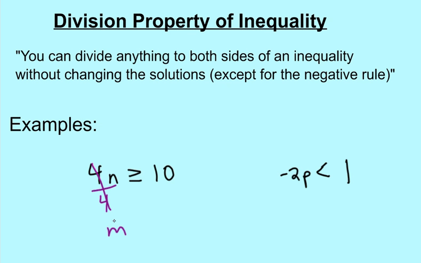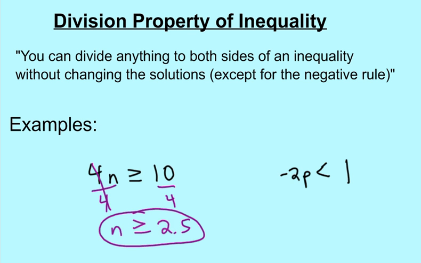Divide this side by 4. 10 divided by 4. What happens when you divide 10 into 4 parts? Well, if you divide it into 2 parts, it's 5 each. And then you divide those by 2, and you get 2.5. Alright, and the symbol does not change because there was no multiplying or dividing by a negative number.